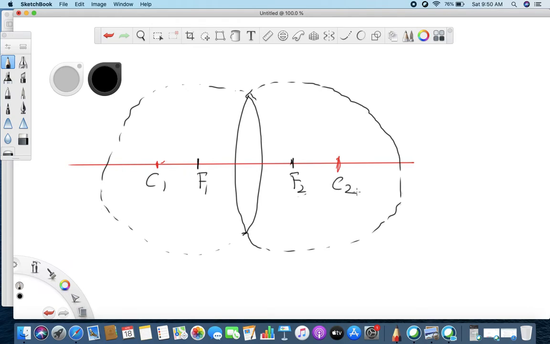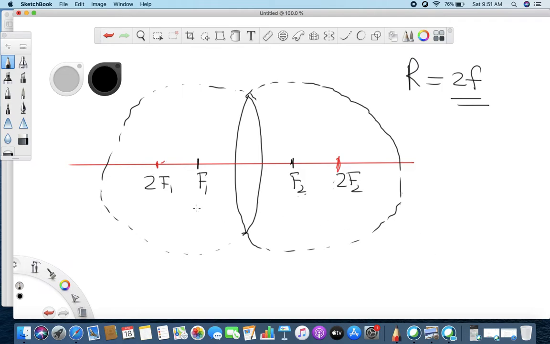Instead of writing this, they always write it like this. Instead of c1 c2, they write 2f1 2f2. Why? Because radius of curvature is twice the focal length, double the focal length.